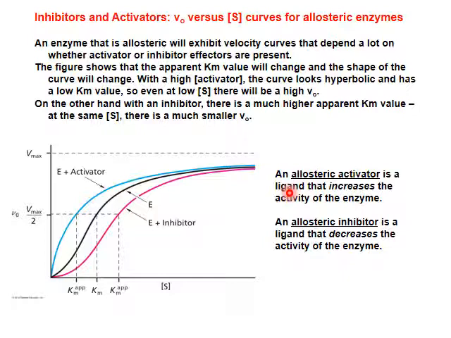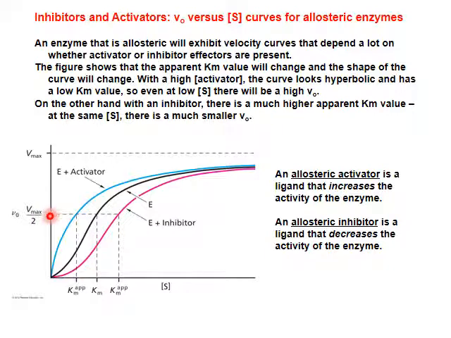The activator kind of changes the conformation of the enzyme that allows it to be more efficient. And so a good way to think about that, even though they all have the same Vmax, is to look at the Km value, the value of the substrate at which you get half maximal velocity.